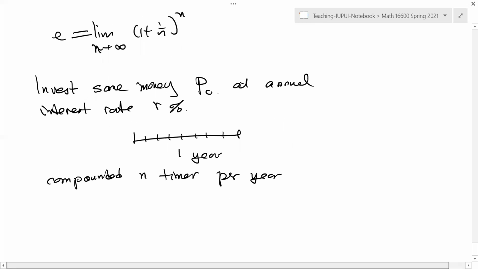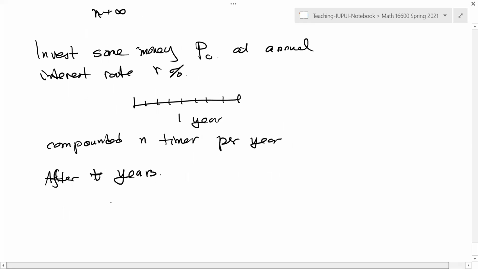Let's find the formula for the balance after t years. At the end of the first period, it's going to be the initial deposit times (1 plus i over n), where i is the interest rate.